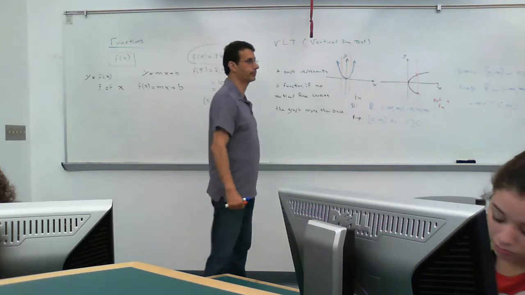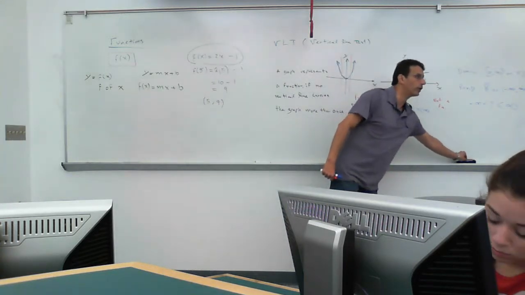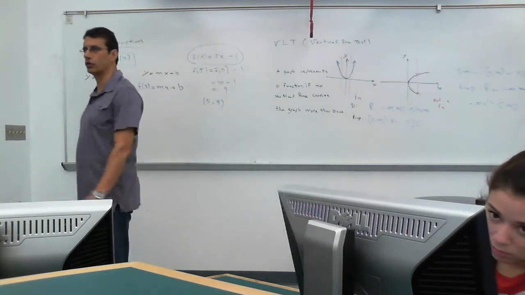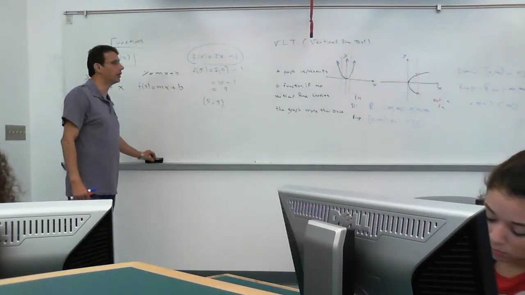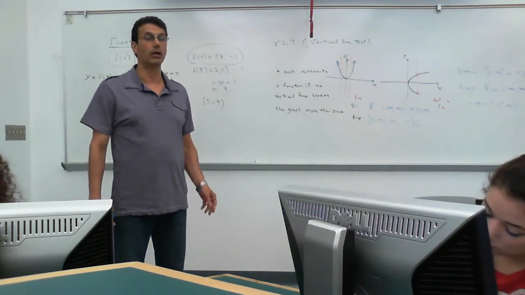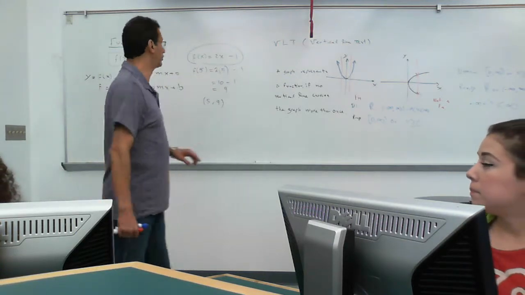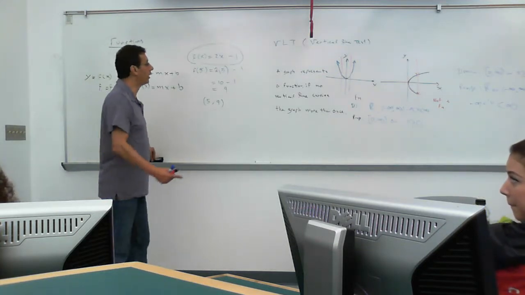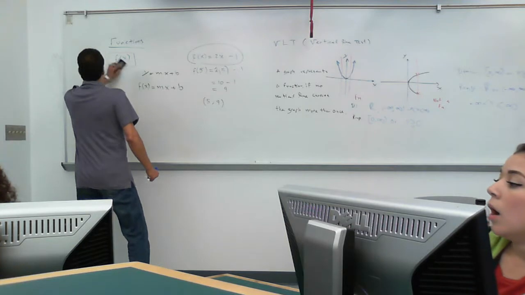Sounds good? Any questions so far? So that's the concept of a function, definition of a function, coming up with the domain and range as we look at the graph. So let's look at another interesting graph, see if we can figure out the domain and range with the way I just explained. Take a look at this one.